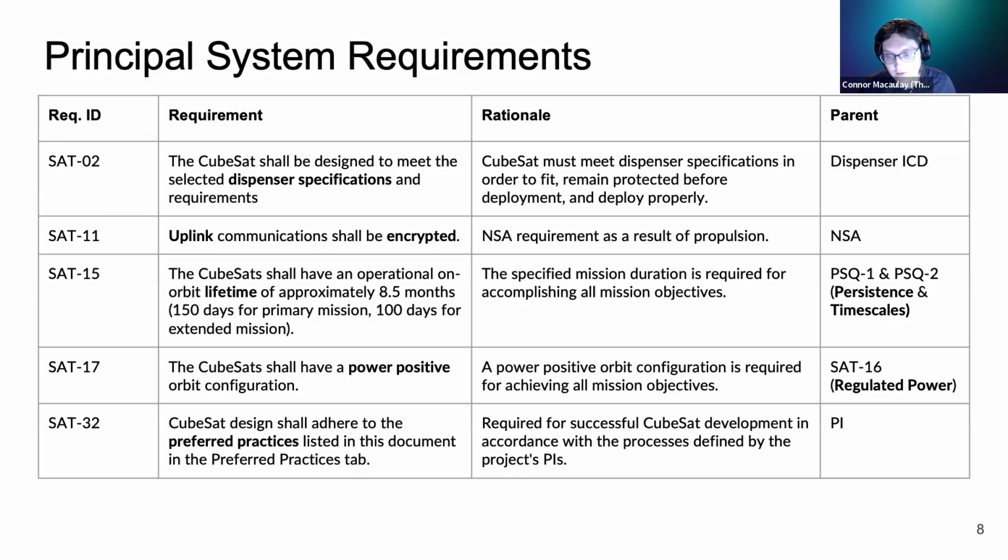And we shall adhere to all of our preferred practices so we know that we're built all right. One recent, very important thing we've noticed is that all uplink communications must be encrypted, as well as all intersatellite communications potentially, in order to comply with export laws and some other things.